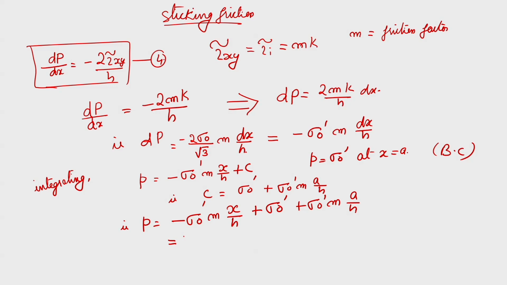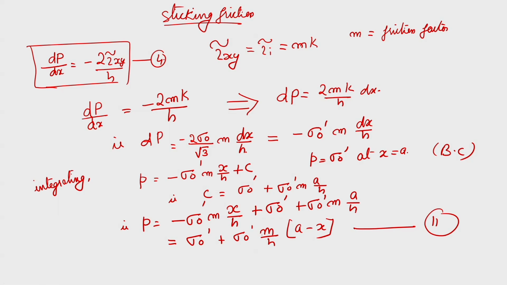So, p is equal to sigma naught dash plus sigma naught dash into m by h into a minus x. We will call this equation number 11.